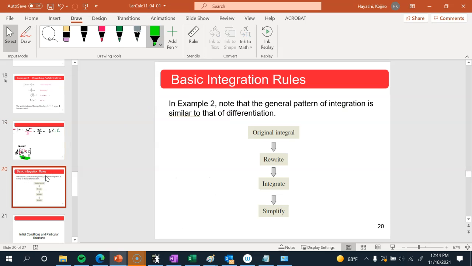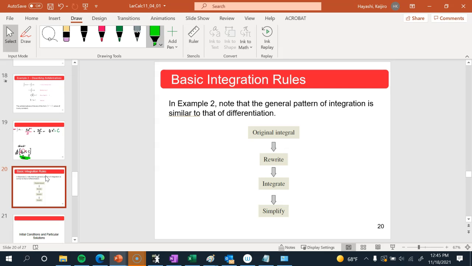Right, and just to note that in following these integration rules, you might have to do similar things to what you do when you take the derivative, which is to say that maybe you have to write radicals as rational powers, or maybe you have to take some power of x that's on the bottom and write it as a negative power of x instead, in order to apply your integration rules.